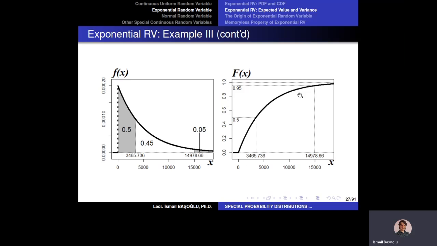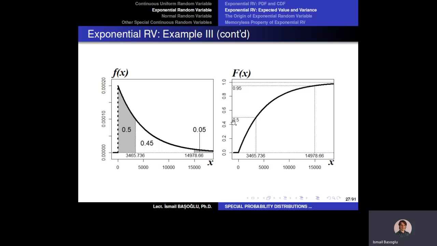Now, we can also use the cumulative distribution function. Again, this cumulative distribution function belongs to an exponential random variable with rate parameter lambda equal to 0.0002. And the CDF at 3,465 is exactly equal to 0.5. However, in order to compute this quantity, we use the inverse of the CDF.